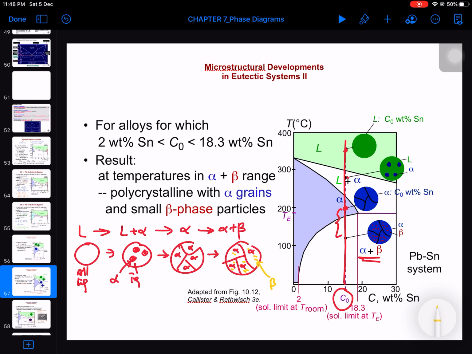When you're doing the phase analysis, you're going to provide four pieces of information: the phases present, the composition of each phase, the weight fraction of each phase, and number 4 is the microstructure.